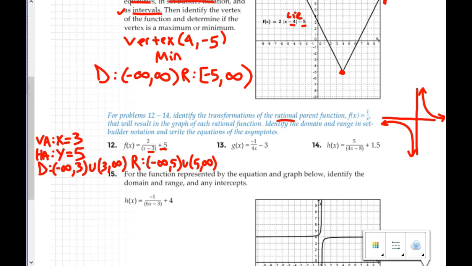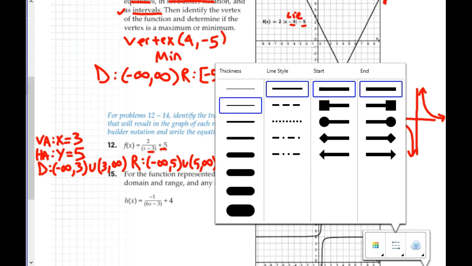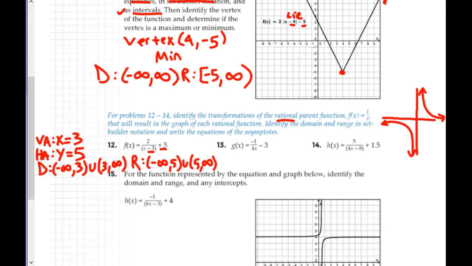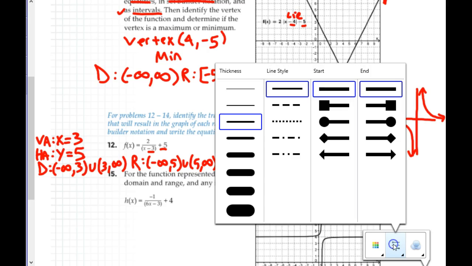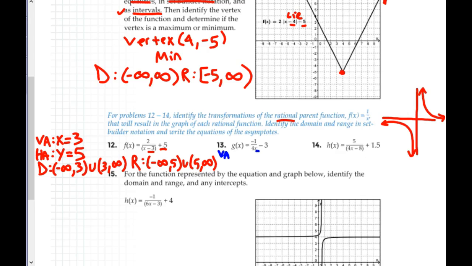Alright, we're going to write smaller now. Alright, so for my vertical asymptote, now there is no C here, so vertical asymptote equals 0. Horizontal asymptote is the D value, which is negative 3.